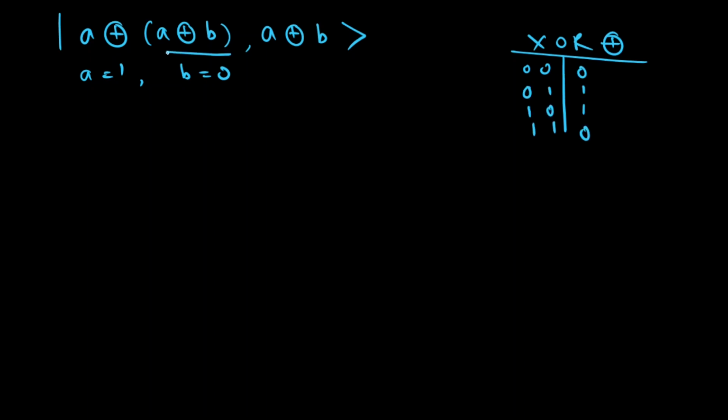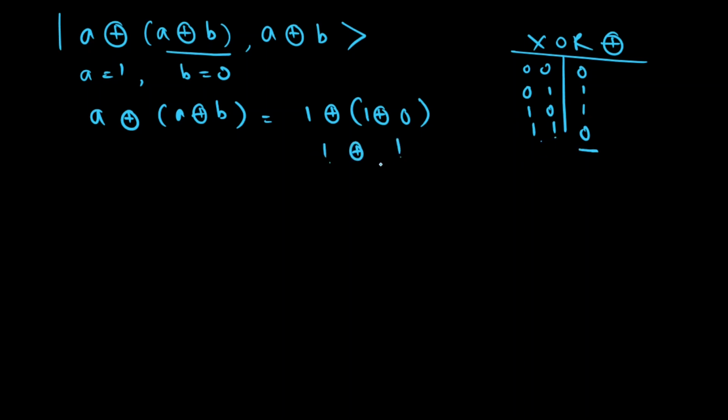So let's see what it will give us. A plus (A plus B) is nothing but 1 plus (1 plus 0). Now 1 plus 0 is 1 and 1 plus 1 is 0. So we are getting 0, which is equal to B. This whole operation will eventually give us B. So the final state will be B, A plus B.